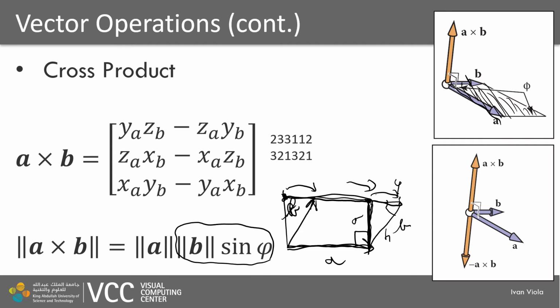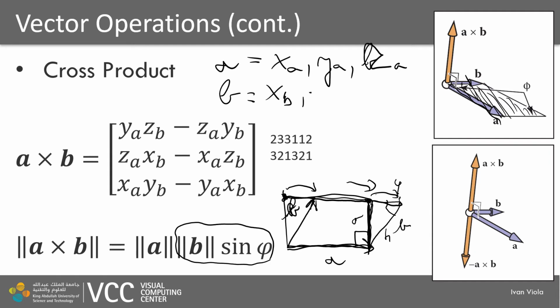Now, how is this cross product computed? We have vectors A and B, defined as XA, YA, ZA, and vector B defined as XB, YB, and ZB.